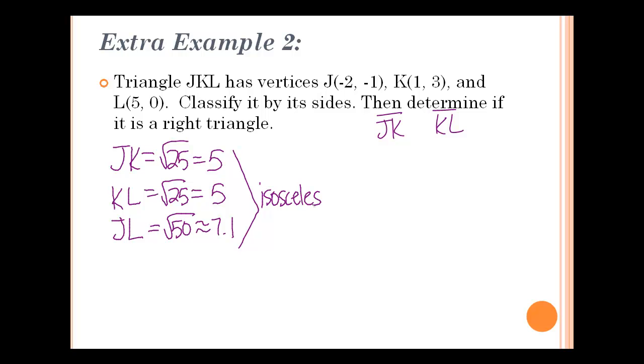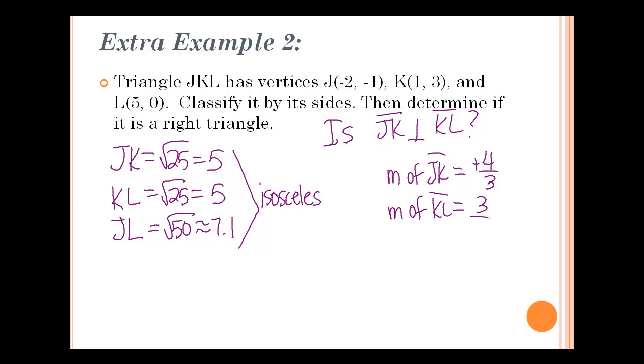And then the question, is segment JK perpendicular to segment KL? Well, if you look and find your slopes, the slope of segment JK is, I'm sorry, not negative 4/3, it's positive 4/3. And the slope of segment KL is 3/4, and that one's negative.